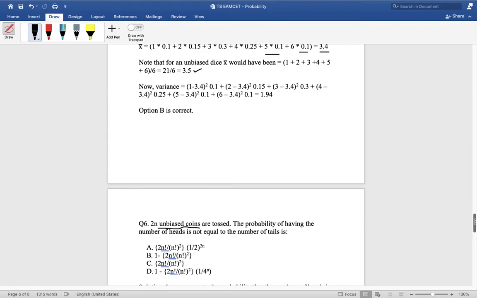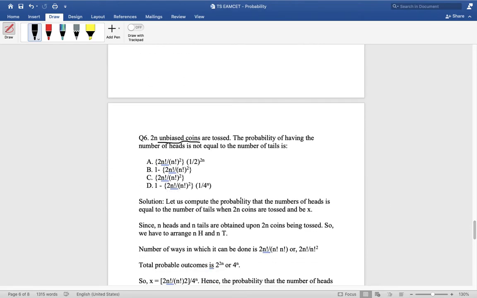So what I am going to do is compute the probability of having the number of heads equal to the number of tails, and I will subtract it from 1 and I will get my probability, right? So if I have the probability of an event, then the probability of not that event would be just 1 minus the probability of that event. So I will just compute the probability that the number of heads equals the number of tails.